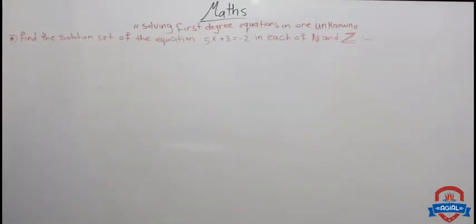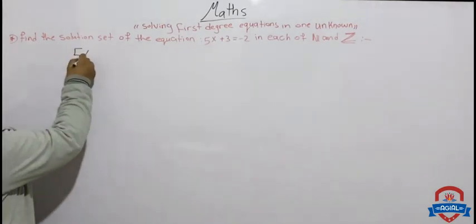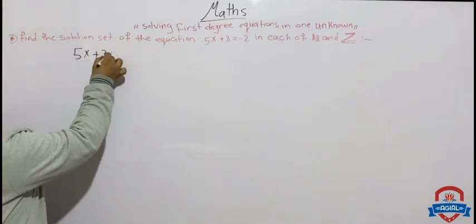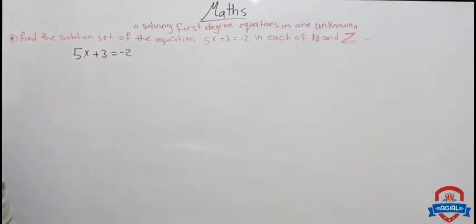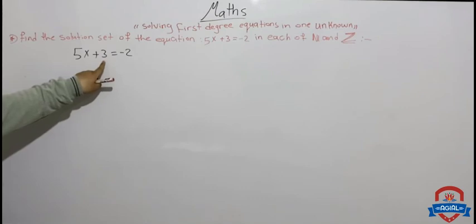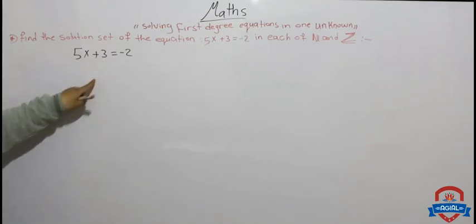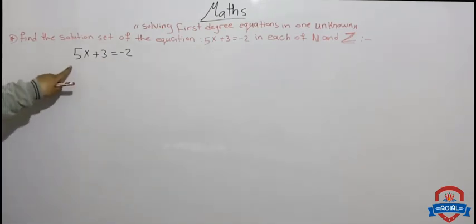Exercise 2. Find the solution set of the equation 5x plus 3 equals negative 2 in each of the set of natural numbers and the set of integer numbers. The equation is 5x plus 3 equals negative 2. So we need to subtract the number 3 from both sides and divide both sides by 5. Let's start with subtracting.